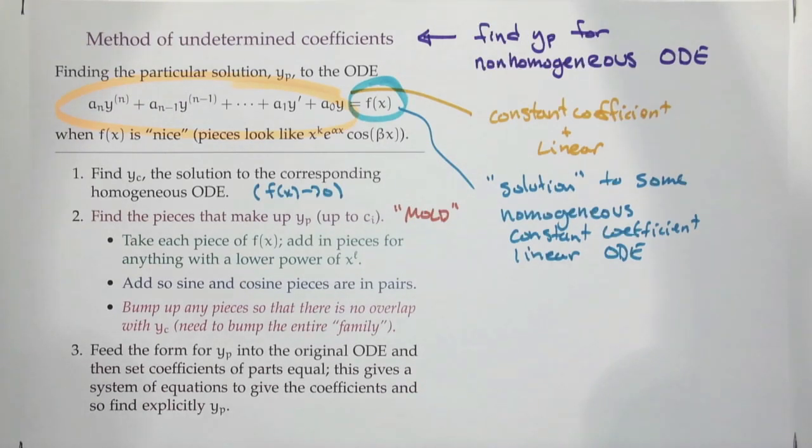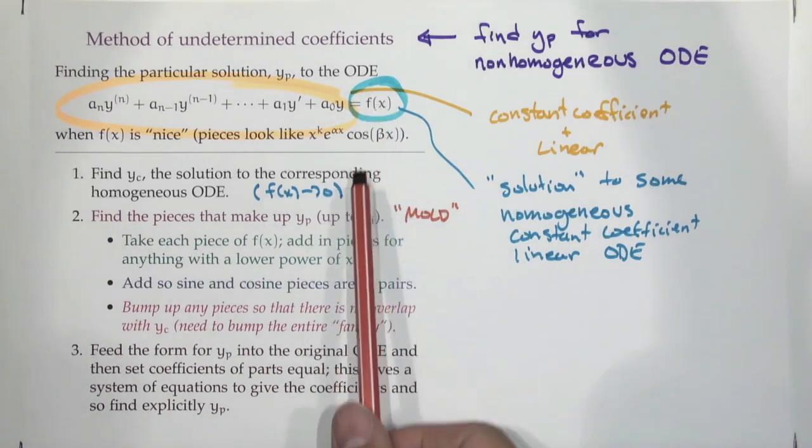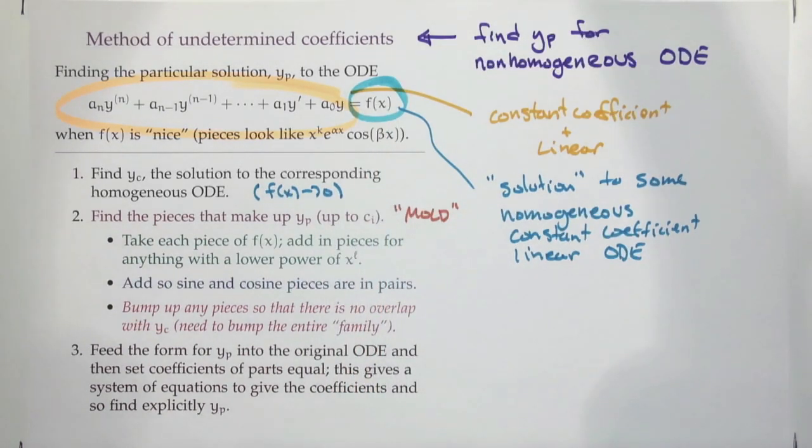But here's the process. You take each piece of f of x. When we talk about a piece, we mean things separated by plus or minus signs. Each piece of f of x should contribute a term. And then if there's a power of x, make sure you have all the lower powers of x as well. Next, make sure sine and cosine pieces come in pairs.